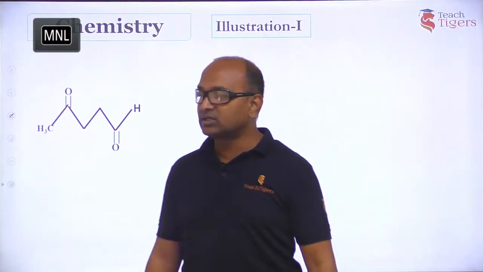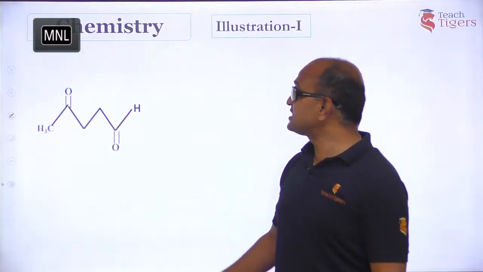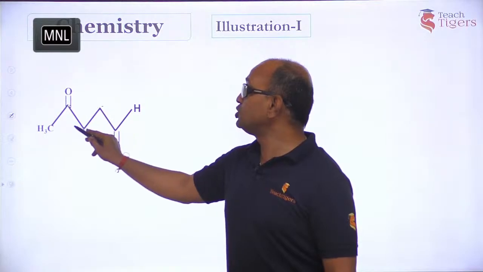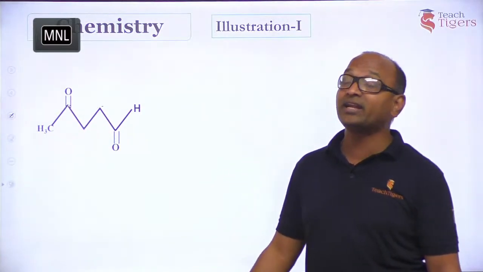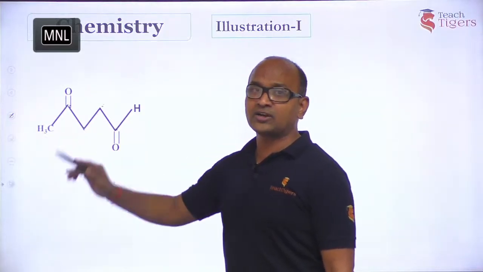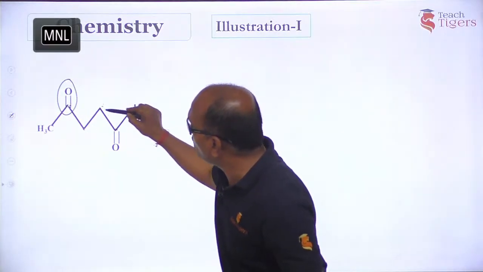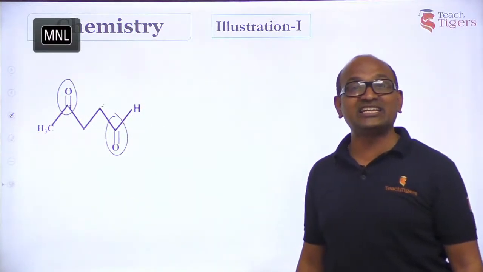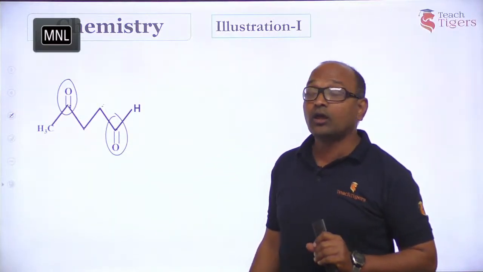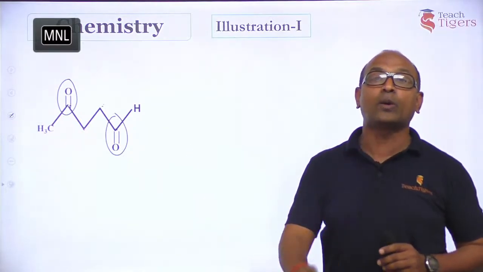This is the compound, guys. Can you please tell me what is the name of this? It is 4-oxopentanal, right? Now can you identify that you have two carbonyl functionalities in this compound, and hence it is capable of undergoing intramolecular aldol, so this meets the first requirement.